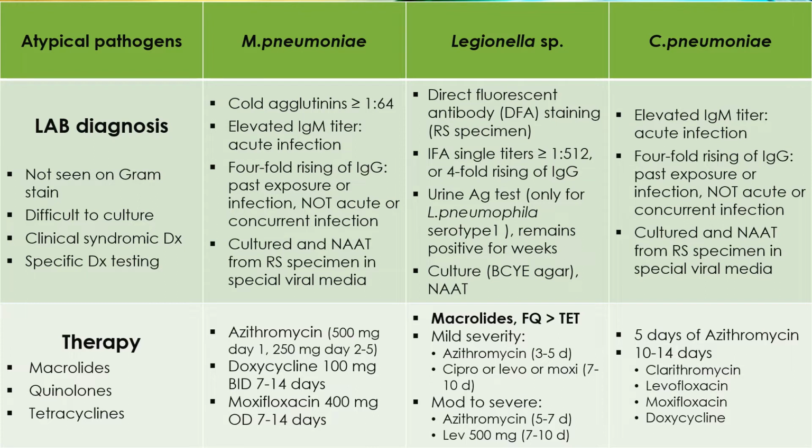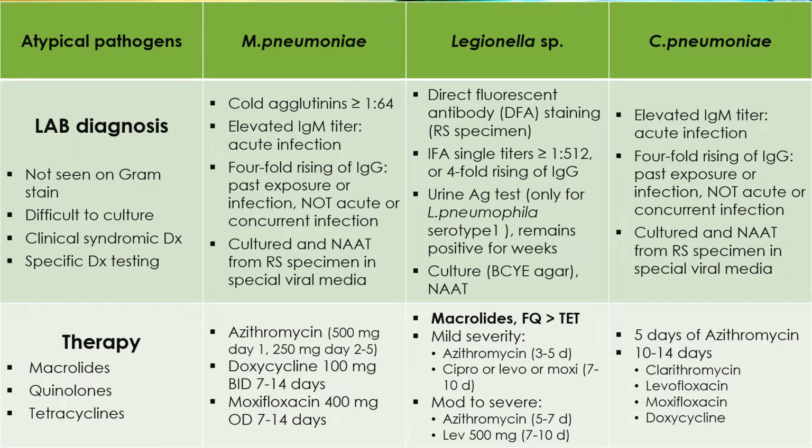You can use PCR from sputum or other specimens if available, or the culture technique. For Legionella, you can use immunofluorescence staining to detect a single titer of more than 1:128 or a fourfold rising IgG.